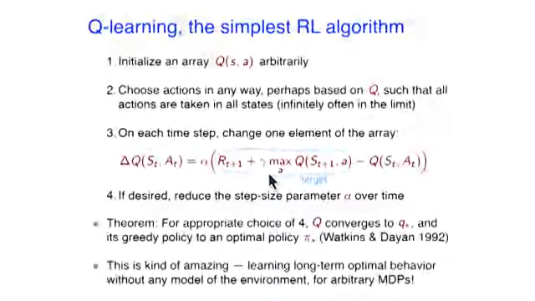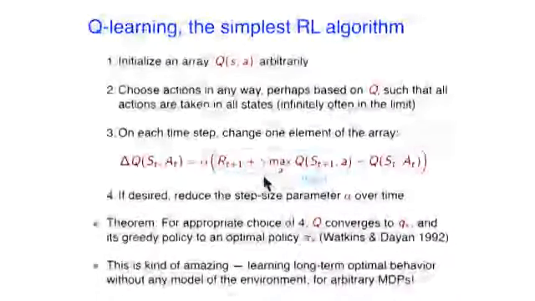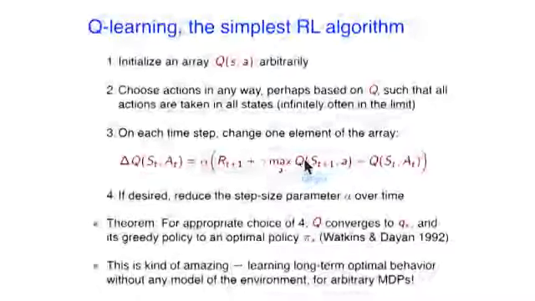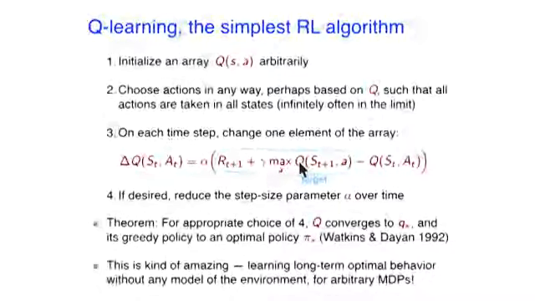We'll feel good about our outcome if the reward plus the discounted version of what we expect at the next state is bigger than what we were expecting for this state. And we'll be disappointed if it's less. Based on that, we will update our estimate. We'll change our estimate up or down.